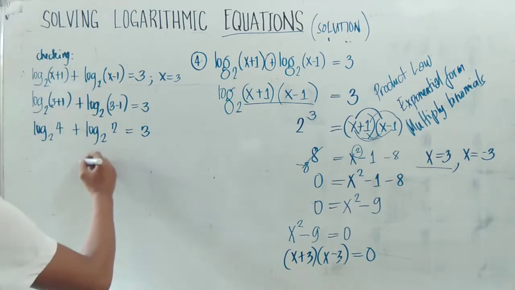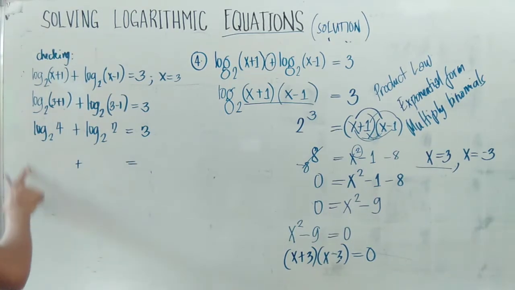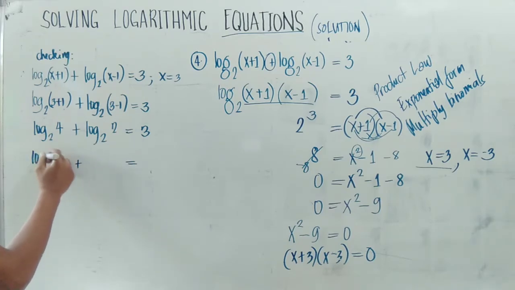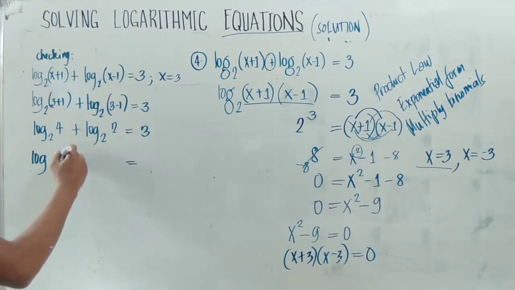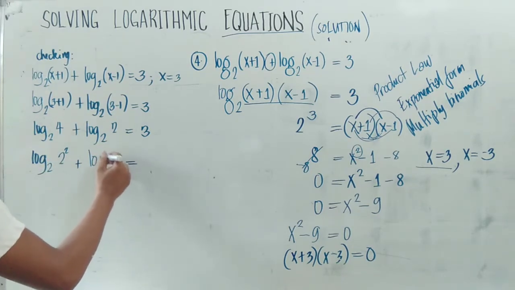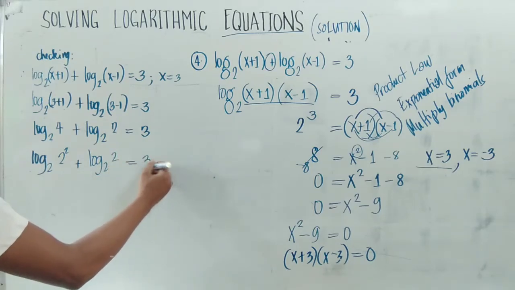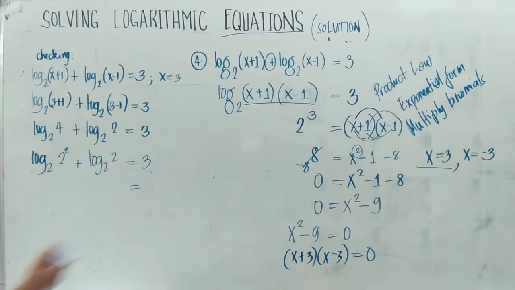Then, log 4 can be expressed as 2 squared, and the base is 2. Then we have log base 2 of 2, then copy 3. So we have property number 3 on the properties that we have discussed.